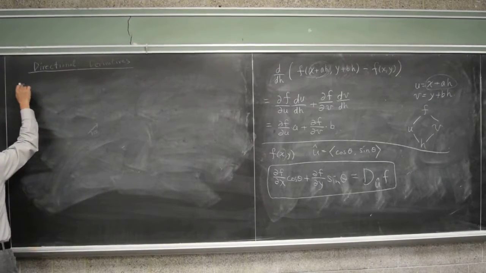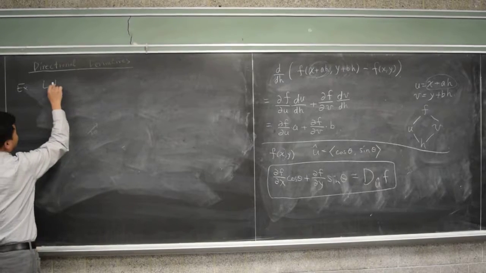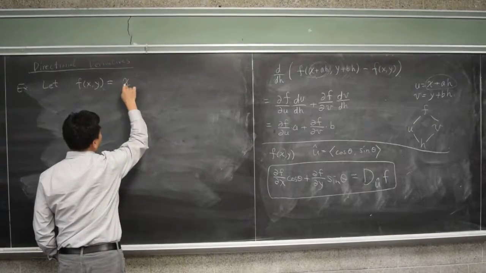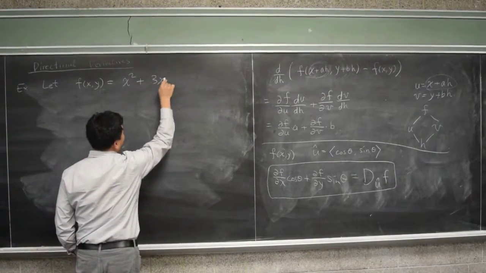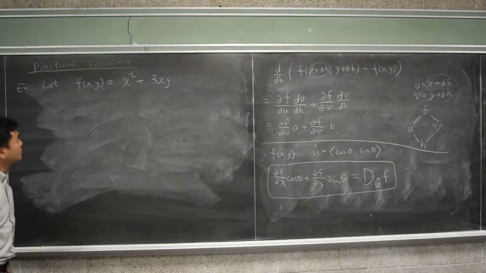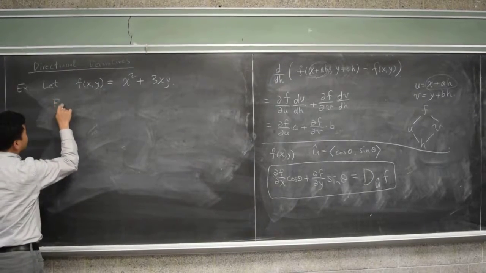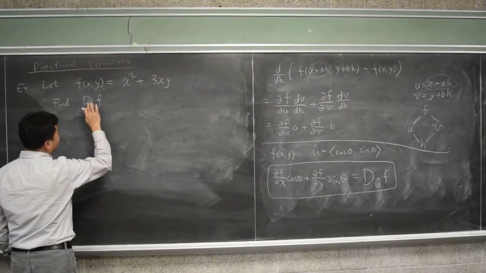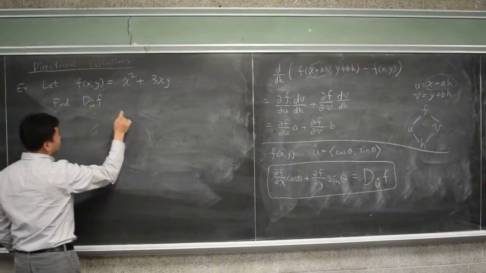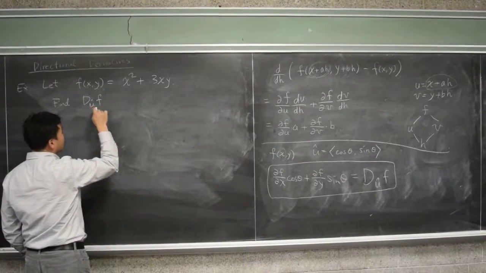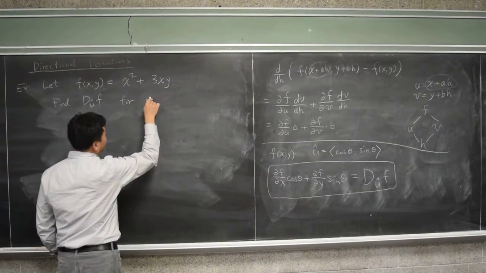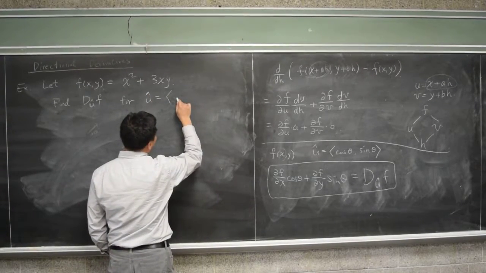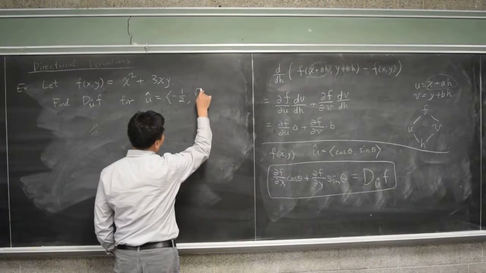Example: let f of x, y equal x squared plus 3xy. Find D_u f for the unit vector minus 1/2, radical 3/2.